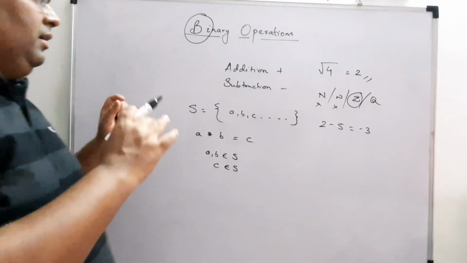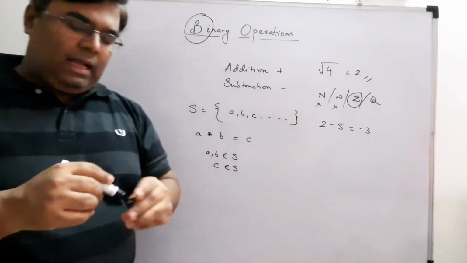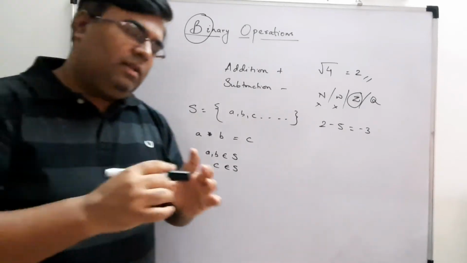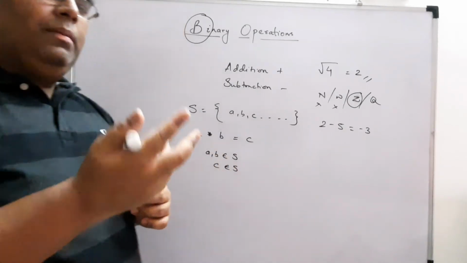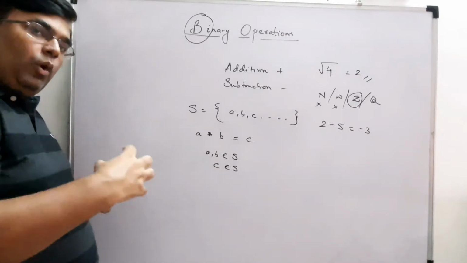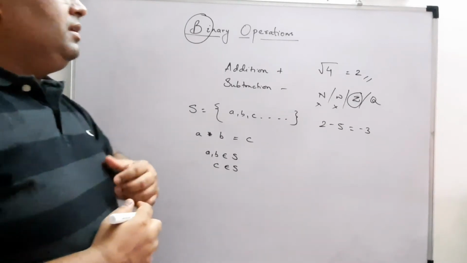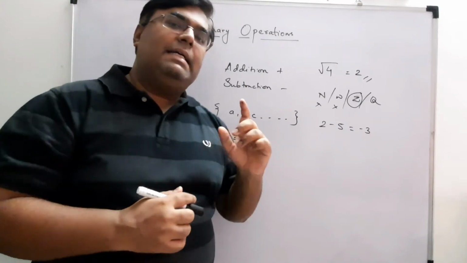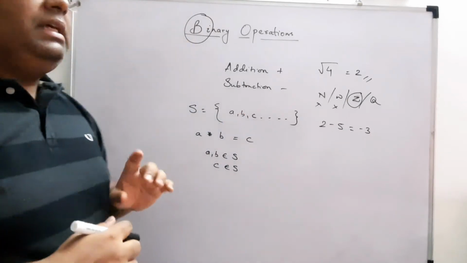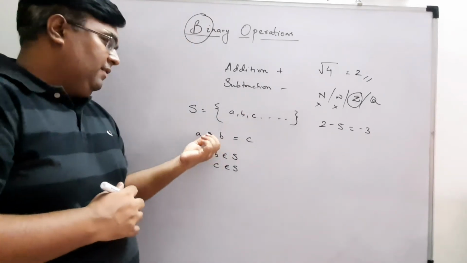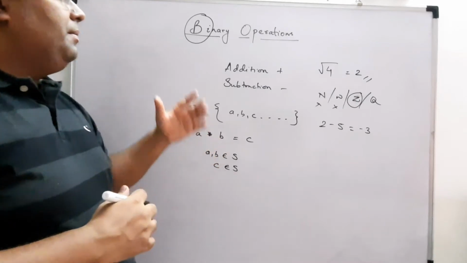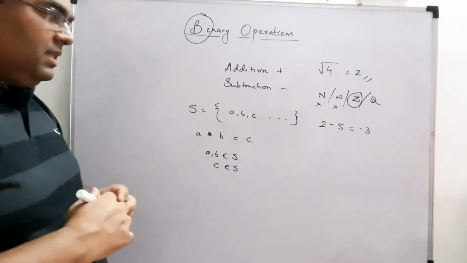So we will define binary operation as an operation which involves two elements of a set, and after operating them we get a number which belongs to the same set. Then only we can say that my operation, whose symbol is star, is binary. Understand this?